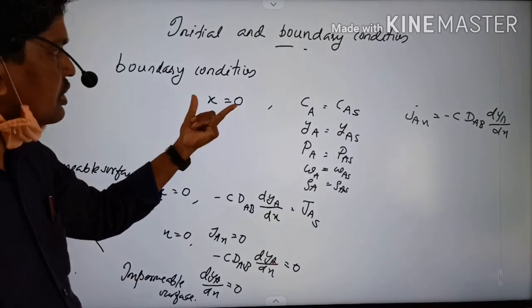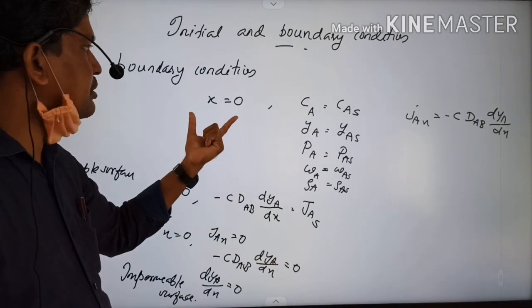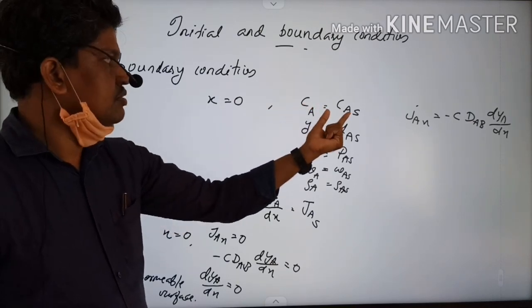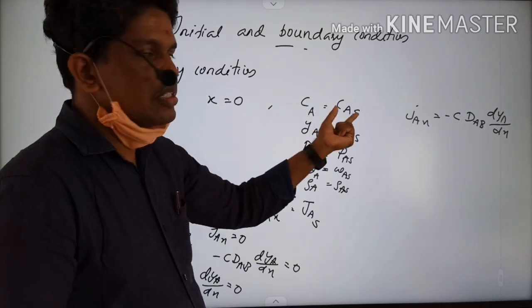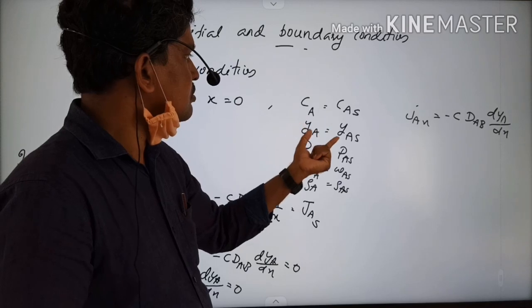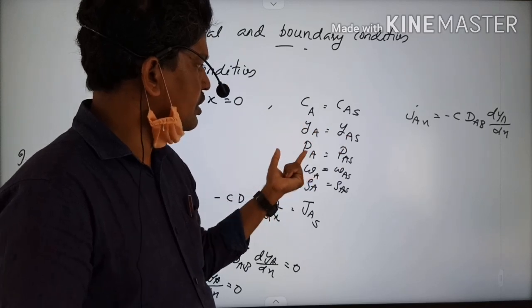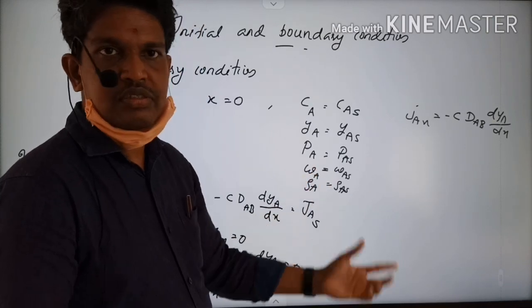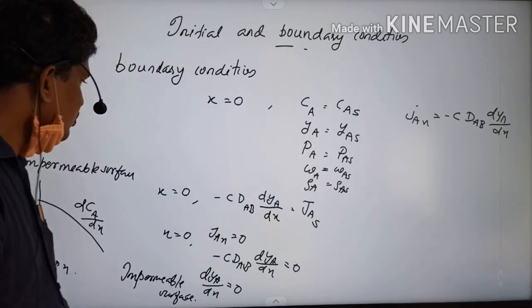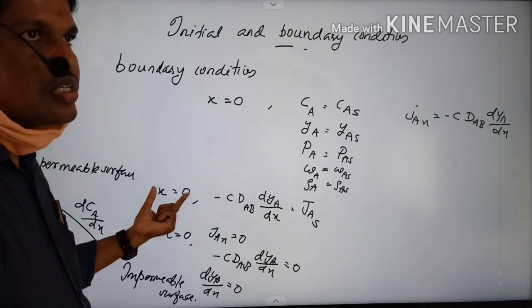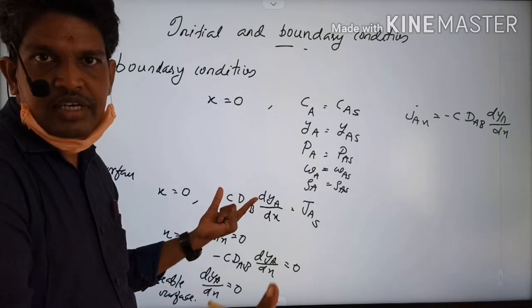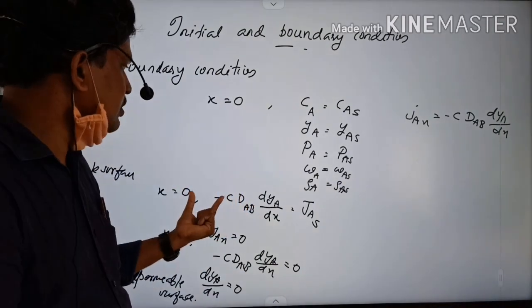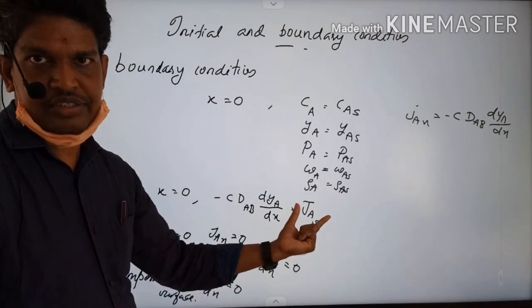At a boundary surface, when x is equal to 0 or when x is equal to L, the surface concentration is CAS, or in terms of mole fraction YS, or partial pressure PAS, or mass fraction. Or the mass flux at a particular surface is Jx.